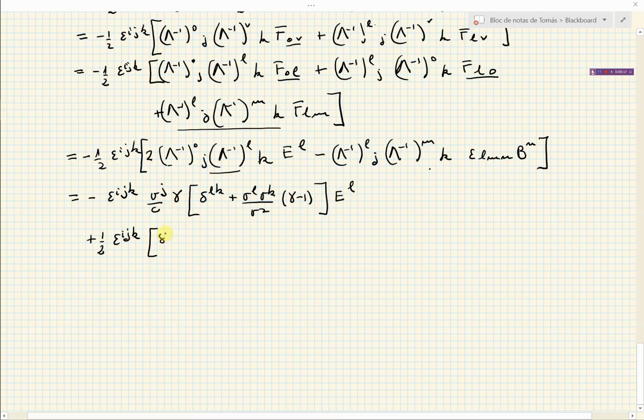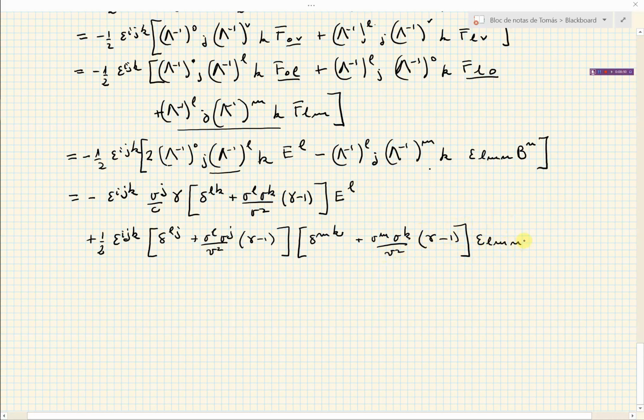So one is delta Lj plus VL Vj divided by V squared gamma minus 1, and the second term is delta Mk plus Vm Vk divided by V squared gamma minus 1, epsilon Lm Bn.